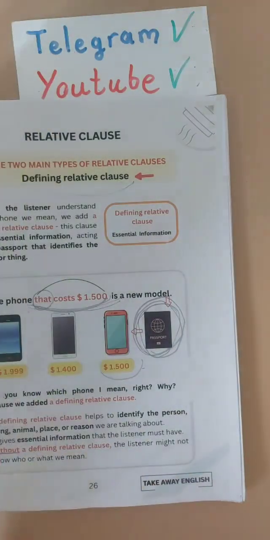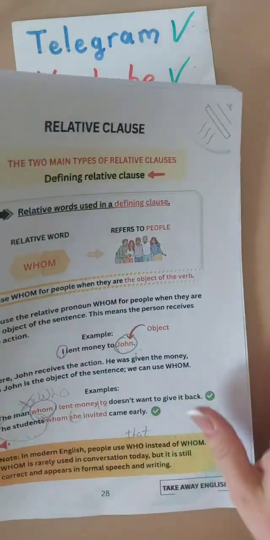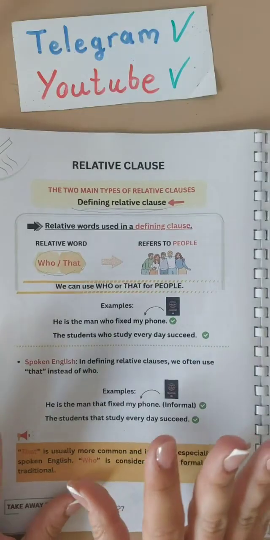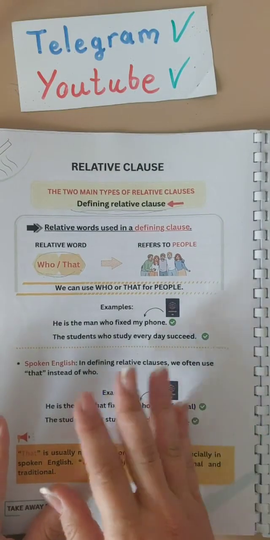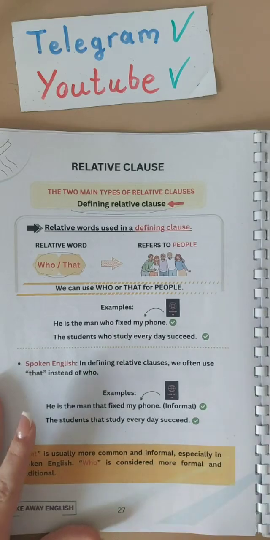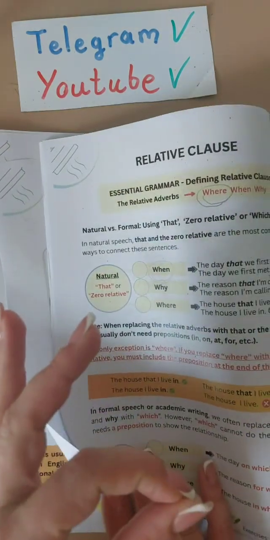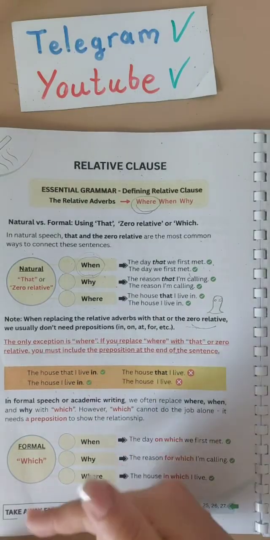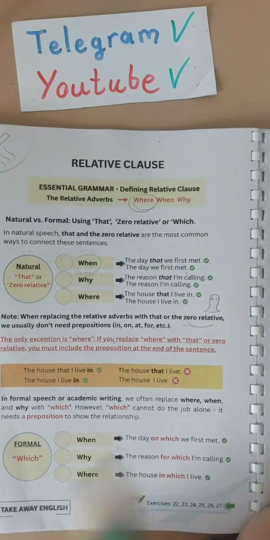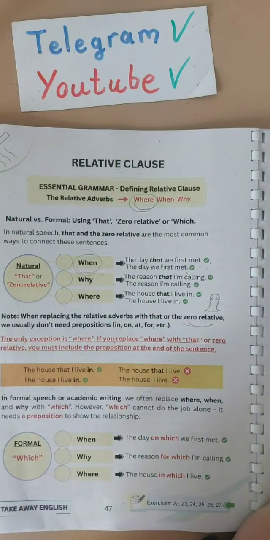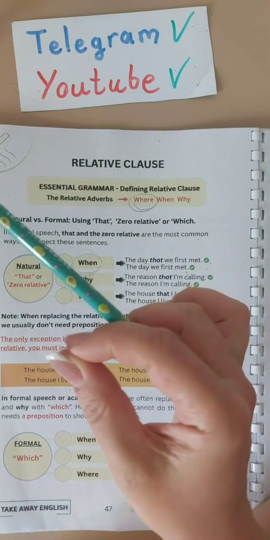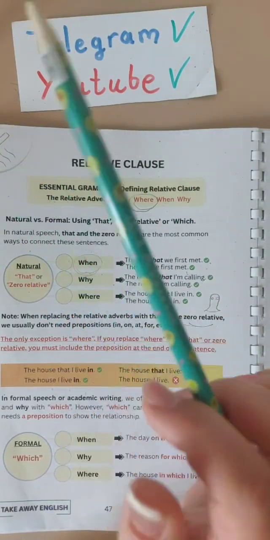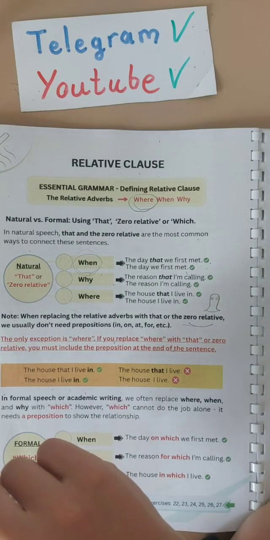Now, okay, so yesterday I explained everything about non-defining relative clauses. Today we are going to learn relative words that are used with non-defining relative clauses. So again, if you missed yesterday's live lesson, you can go to my YouTube channel and find the video, defining versus non-defining relative clauses, okay?